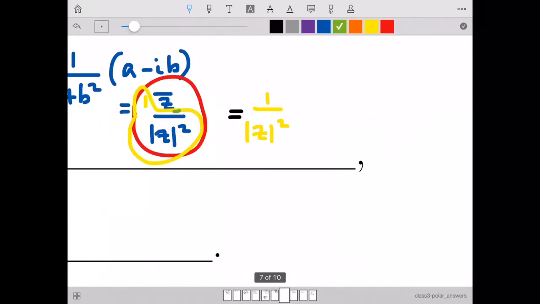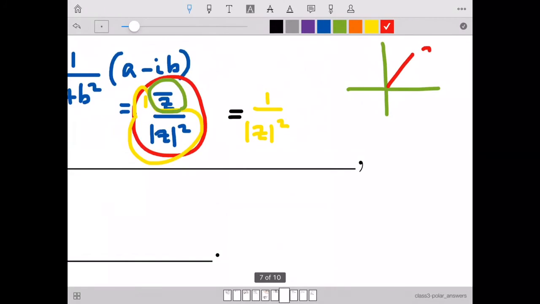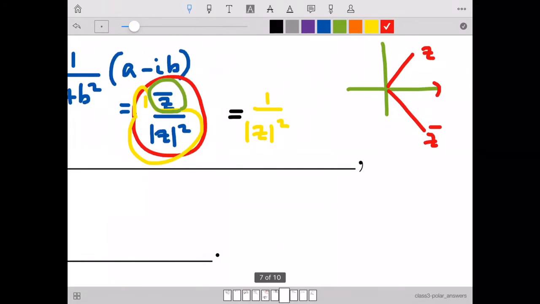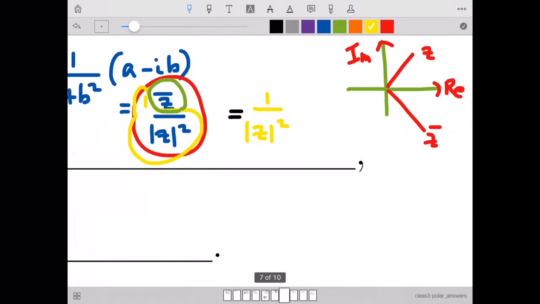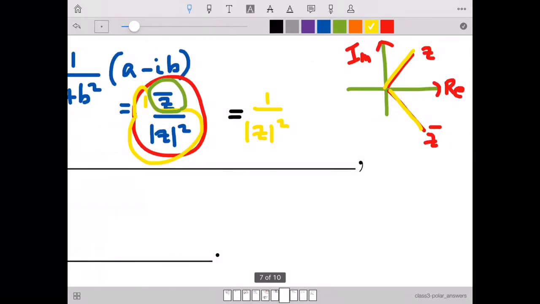Let's look at the polar representation of z bar. If z is here, then there's z bar. That's the real axis, and that's the imaginary axis. Their absolute values are the same.